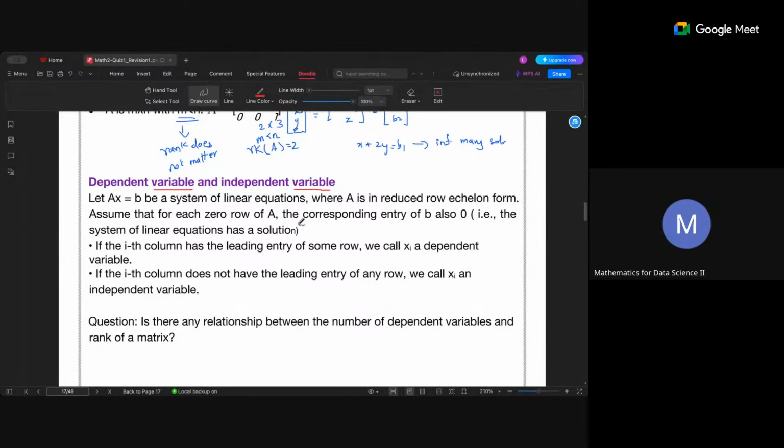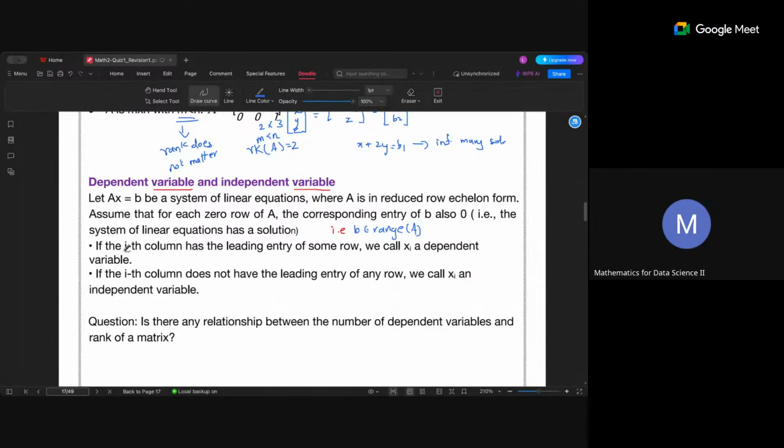Assume that for each zero row of A, the corresponding entry of B is also 0. That is, the system of linear equations has a solution. I'm assuming that B belongs to the range of A.